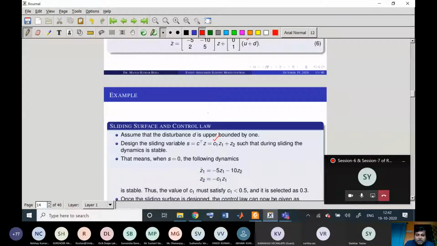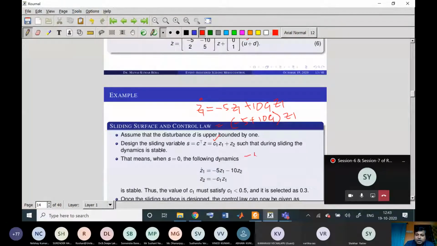If you put the C1 here, you can write Z1 dot is equal to minus 5 into Z1 plus 10 into C1 into Z1. So we can write minus 5 plus 10 C1 into Z1, and the hint is that we have to stabilize this system by choosing a proper value of C1.